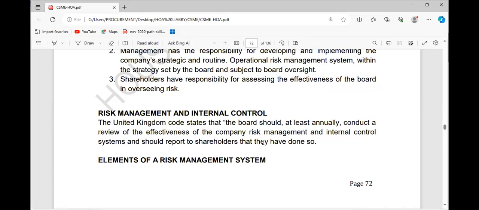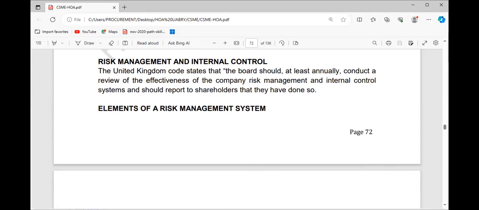The board are responsible to review and to give reports to the shareholders. We all know that the shareholders are the owner of the business. And the board of directors, management are to assess risk and make sure they report back to the shareholders, so that the shareholders will know what is going on and if it is safe for them to actually continue with the process, to continue the business and the like.